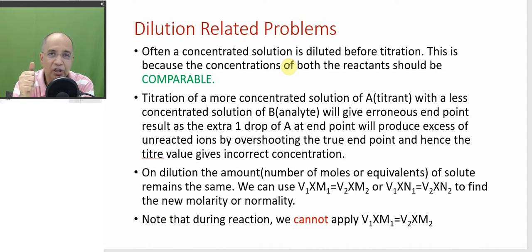It is not worthwhile or advisable to use a concentrated solution for titration, because one drop of a concentrated solution will overshoot the endpoint to a large extent. So the normality that you get will be erroneous. So to get more or less correct normality data, it is always better to use a diluted solution, usually a decinormal solution, approximately decinormal. You can standardize it to know the exact solution strength, right?